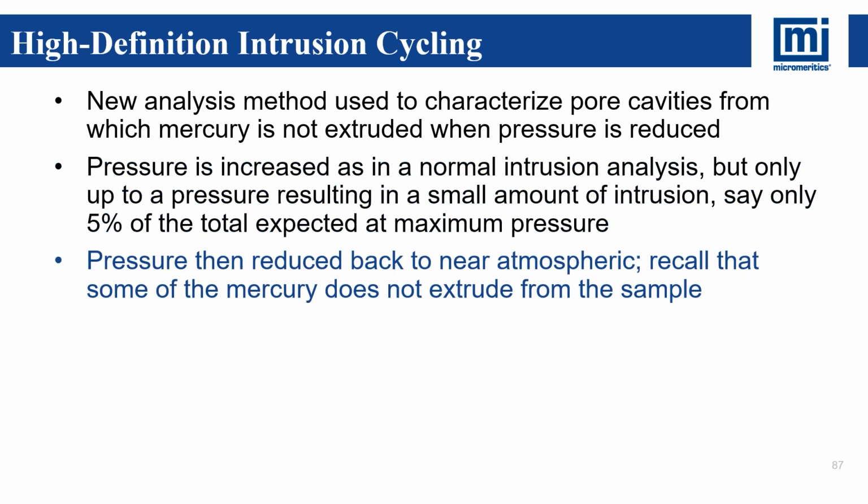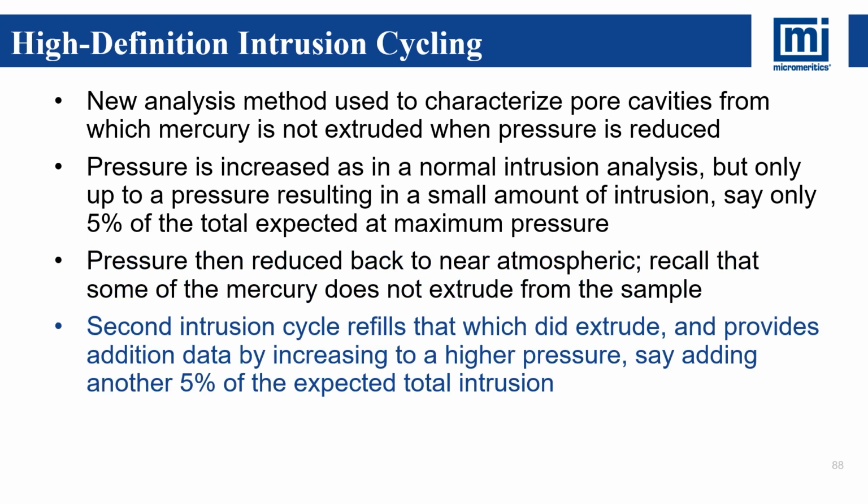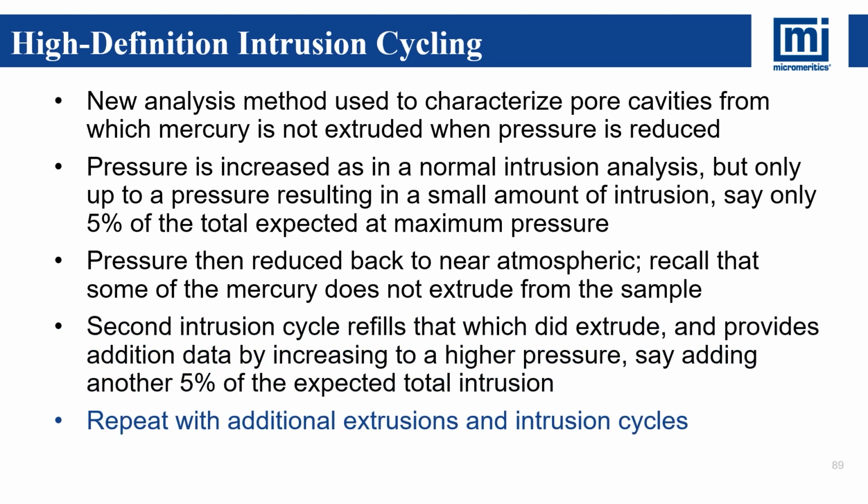We'll start a second intrusion cycle, refilling the mercury that did extrude and continuing to add an additional, say, 5% of the total intrusion volume. We will extrude back to atmospheric pressure, then start another cycle, adding another 5% of the intrusion, extruding that again, and continuing this addition of 5% increments until we reach the total intrusion.